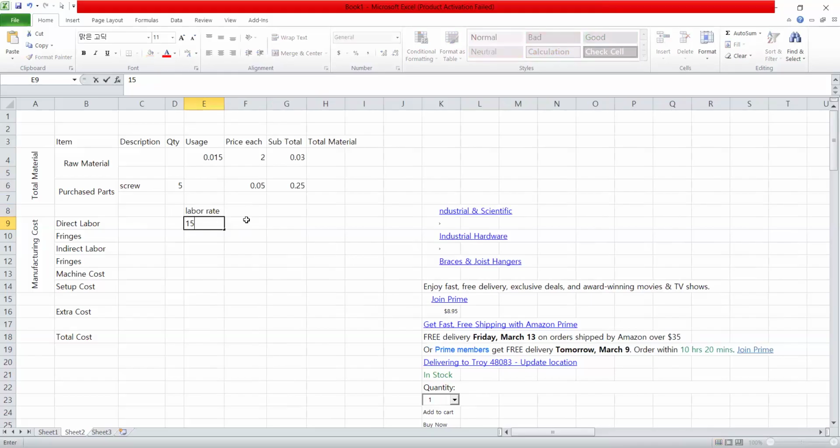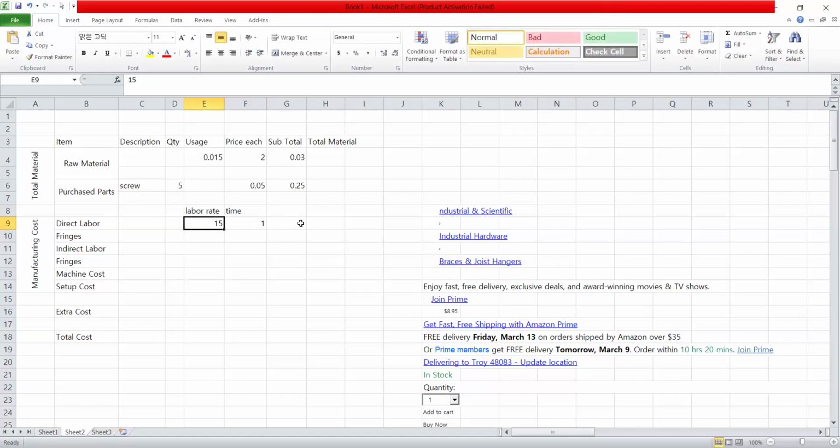Let's say it takes maybe 1 minute to manufacture, but just to make the calculation easy, I'm putting 1 hour. My labor is $15 per hour.